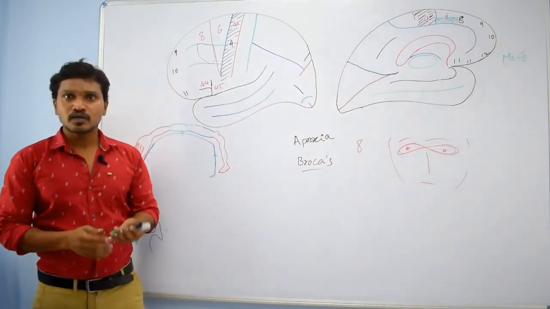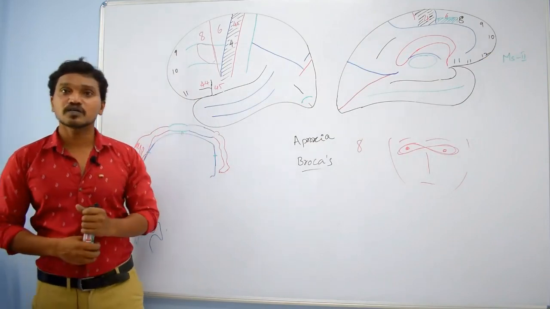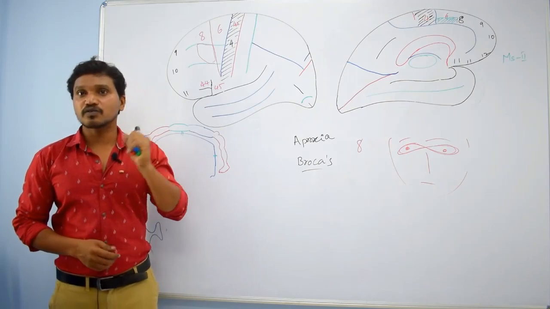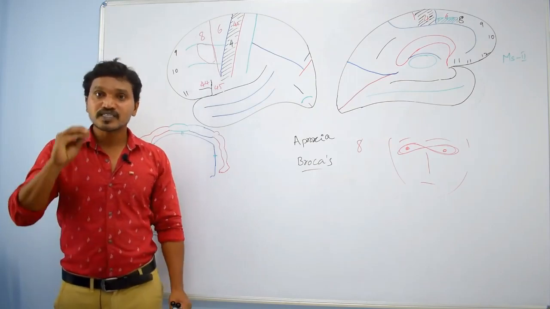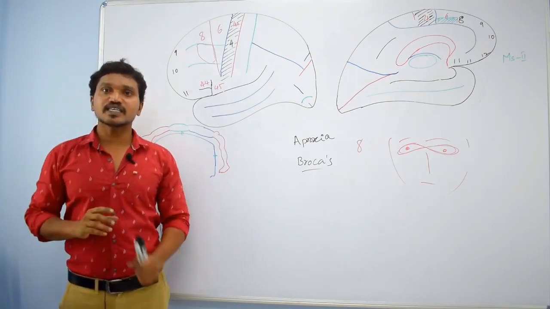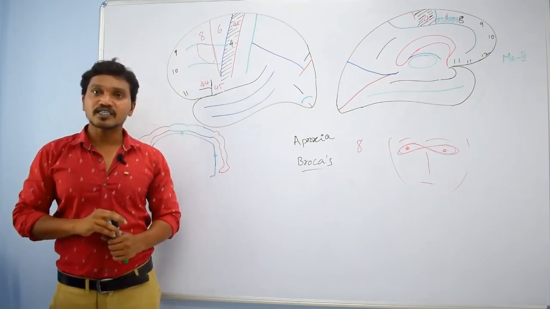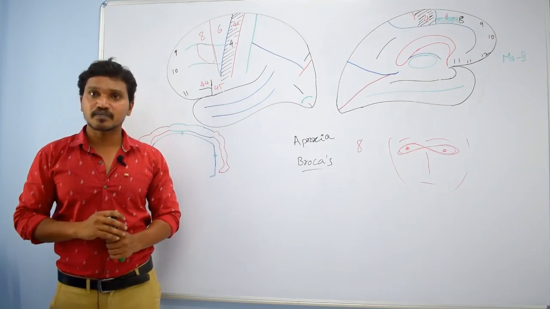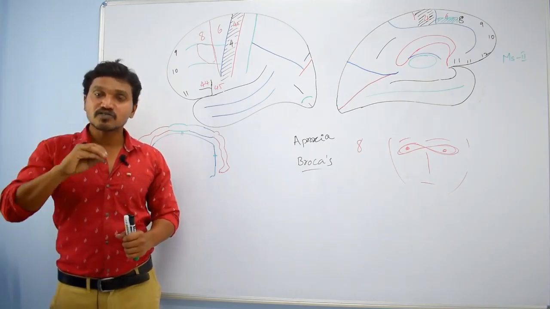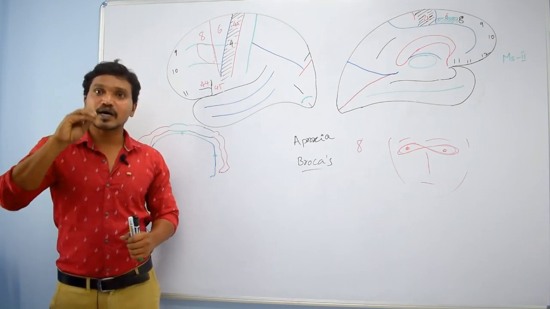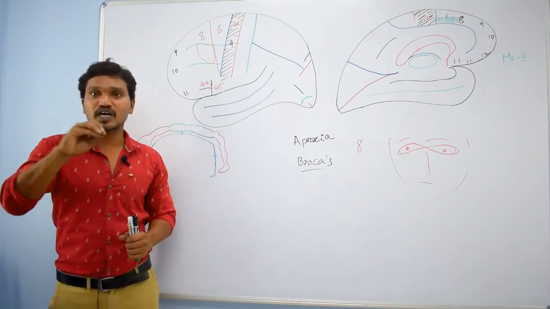Right? Then, what is the function of this prefrontal cortex? It is the center for intelligence, the seat of intelligence, and it is the organ of mind, and it also initiates the sympathetic and parasympathetic activities, that means autonomic activities.